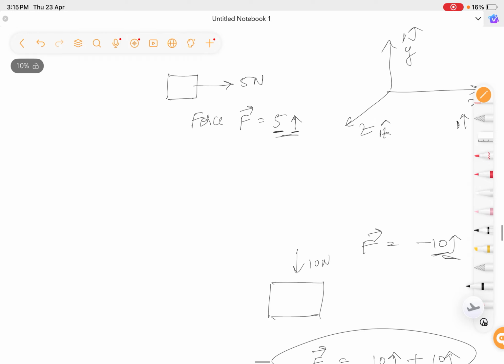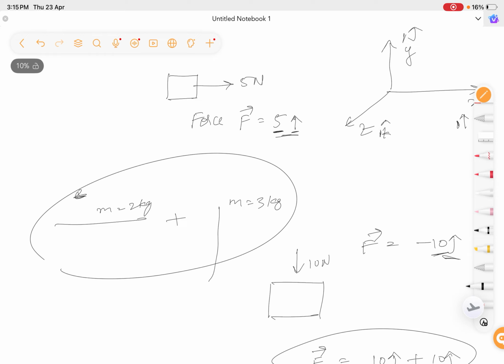So why are we representing it like this? Generally, if we add scalars, like there is a rope of mass 2 kgs and another rope of mass 3 kgs, and we combine them, what is the total mass?